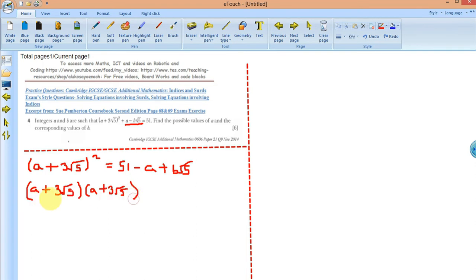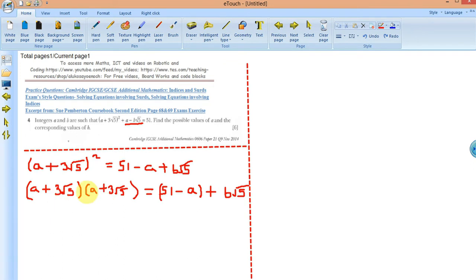This is actually a polynomial expression, so quite easy, right? So it equals 51 minus a, now this 51 minus a is rational, so you can separate the rational term from the irrational term. So b root 5 is the irrational term, so I'm able to separate the right hand side.